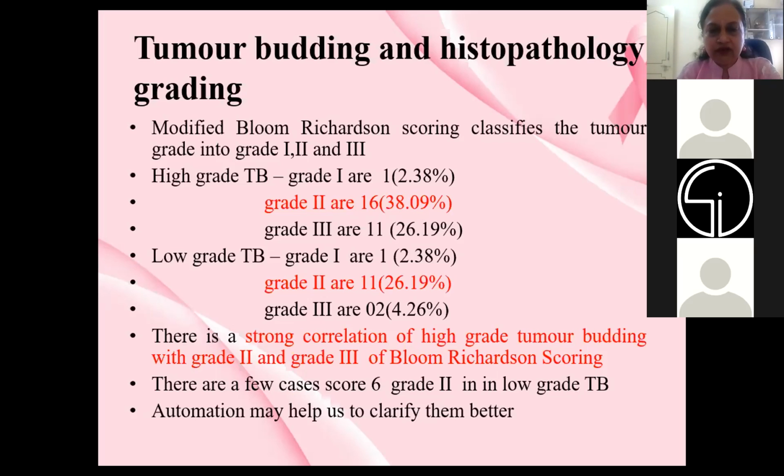Low-grade tumor budding was in grade 1 as 1. Again, grade 2 in 11 cases, accounting for 26% of the cases, while in grade 3 there were only 2. Thus, there is a strong correlation of high-grade tumor budding with grade 2 and grade 3 of the Bloom-Richardson scoring. There are a few cases in score 6, grade 2 in low-grade tumor budding. I think automation may help us to clarify them better.